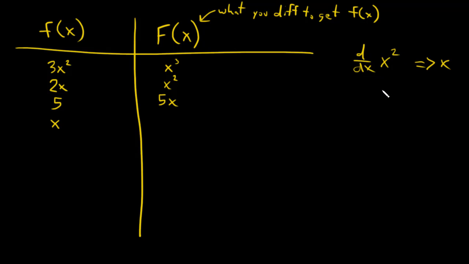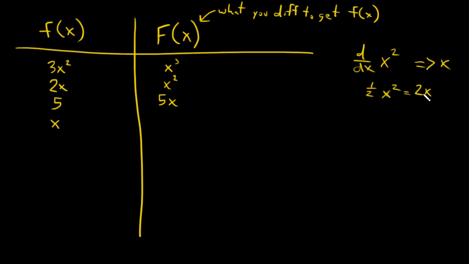Well, if I differentiate x squared, I would get 2x, right? But I want x, so how do I get x if I differentiate x squared and get 2x? Well, 1/2 x squared will give me plain x.